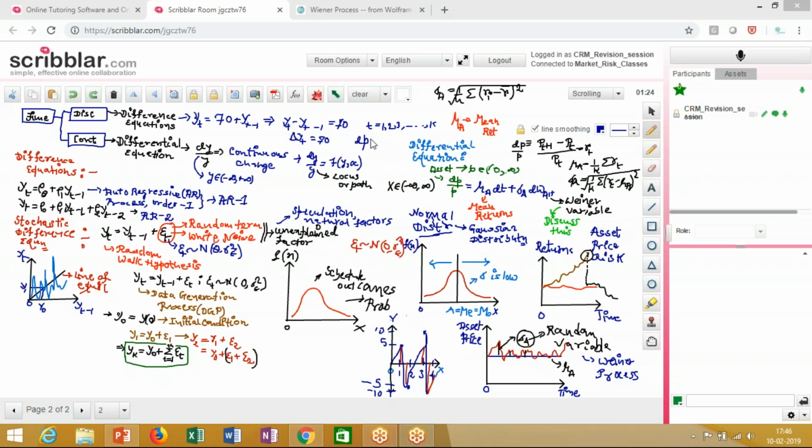So DP is the change in price. If I talk about the percentage, DP by P is nothing but the percentage change in price.